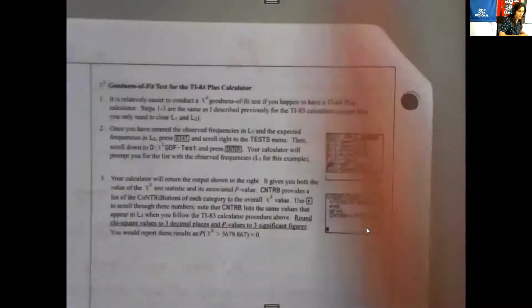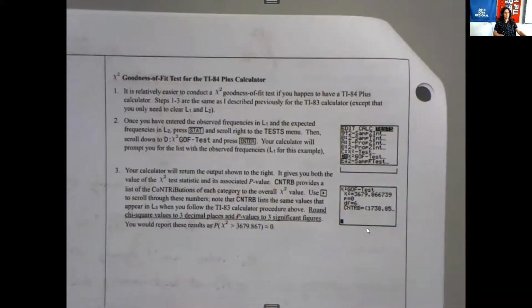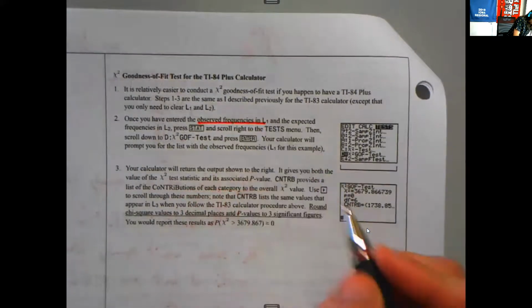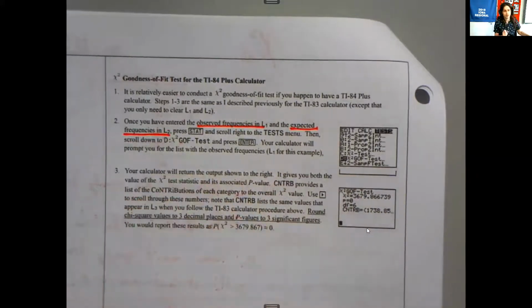On the next page, it tells you the chi-square goodness of fit test on your calculator. It gives you steps for this. The one thing I will say, what do we need here? Your observed frequencies are in L1 and your expected frequencies are in L2. So that's an important thing to note.